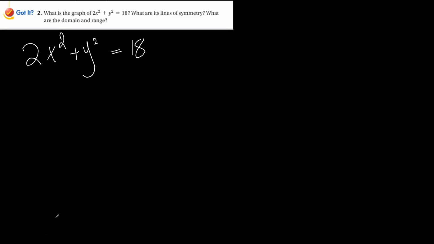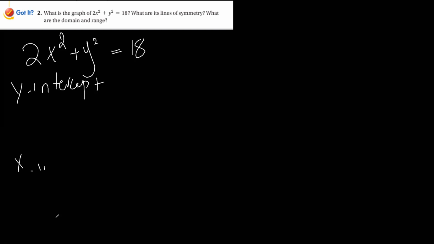Find the y-axis and the x-axis. Thank you. So I have to find now the y and the x intercept. Now, the y-intercept, I have to put now x equals 0. So y squared will be 18.